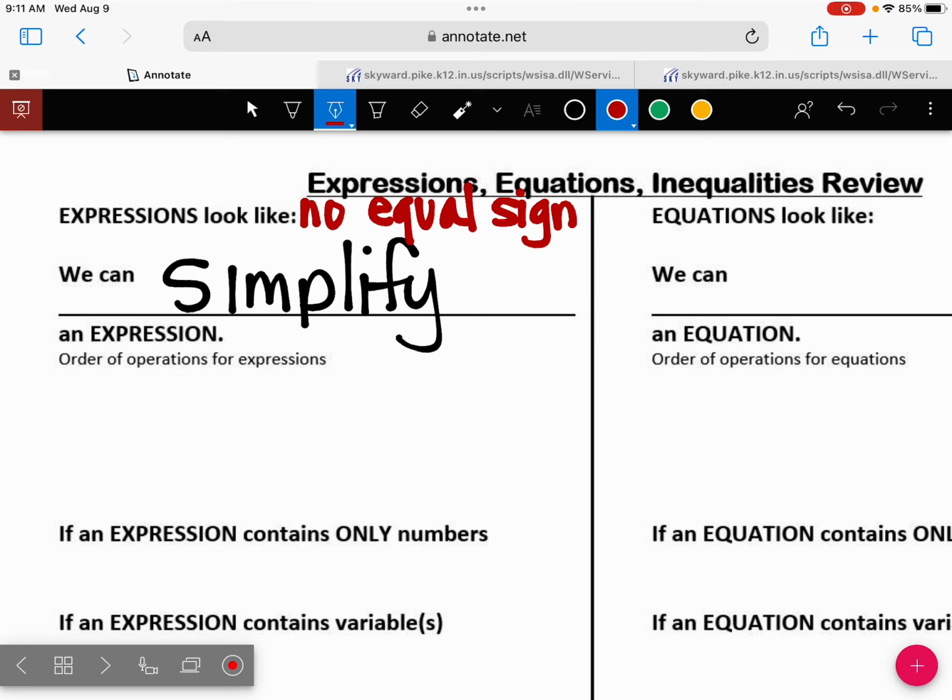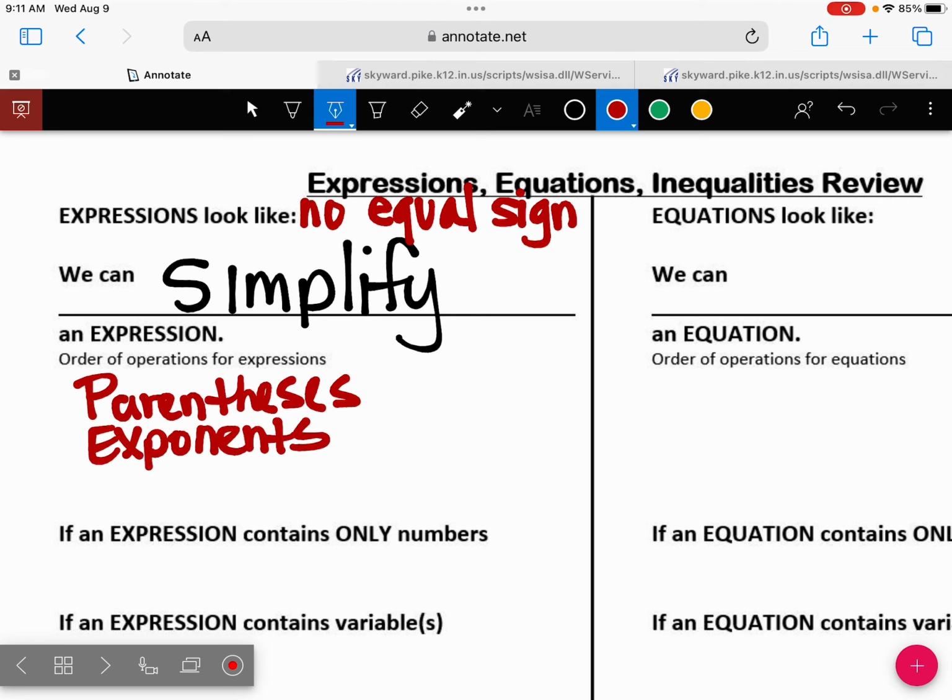So when it's an expression, we're going to follow order of operations, which will be parentheses first, then exponents, then we multiply or divide, and then we end up with adding or subtracting. Let me see if I can make that fit. One second.